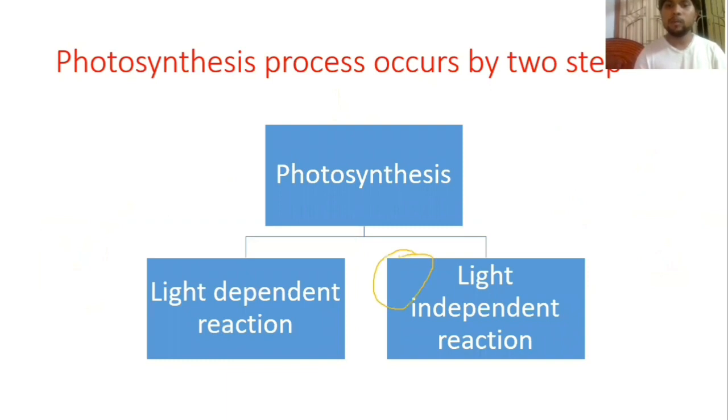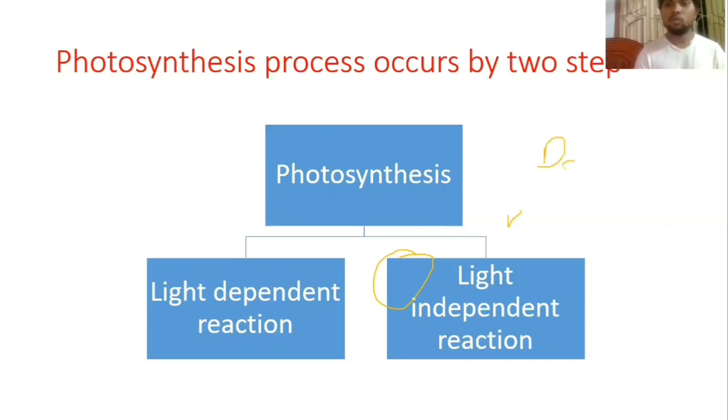Now, what is the light independent reaction? This reaction of photosynthesis doesn't require light directly. It happens because of the light dependent reaction. The results of the light dependent reaction make the light independent reaction happen. Whatever is produced in the light dependent reactions causes the light independent reaction to happen. The light independent reaction is also known as the dark reaction.